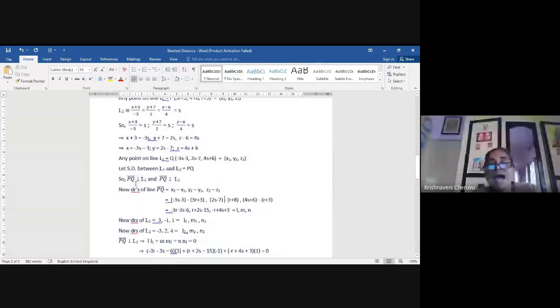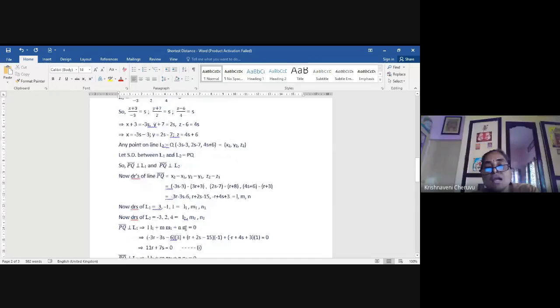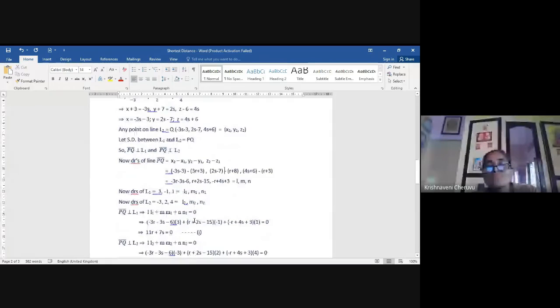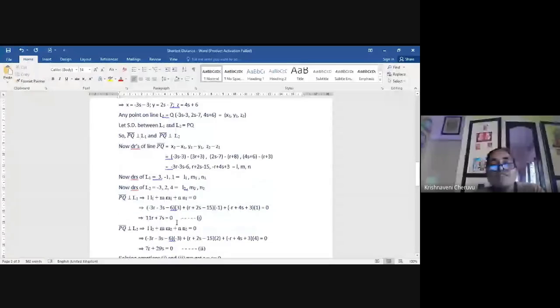What did I say here? PQ is perpendicular to L1. You know the DRs of L1, and let them be l1, m1, n1. Now the DRs of PQ, I name them as l, m, n. Because PQ bar is perpendicular to L1, you can say l into l1 plus m into m1 plus n into n1 is equal to 0. In a similar way, you know the DRs of the line L2. Let them be l2, m2, n2.